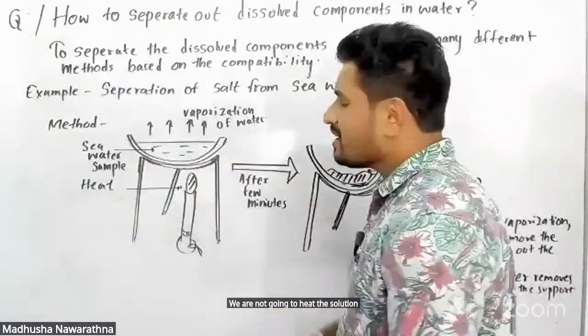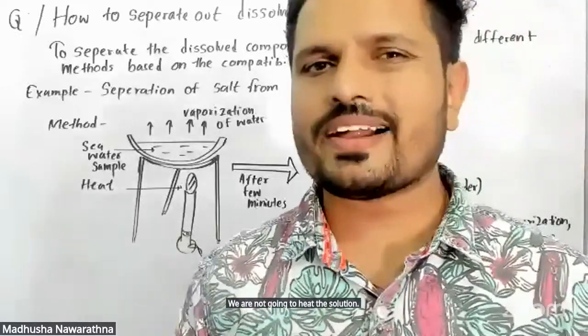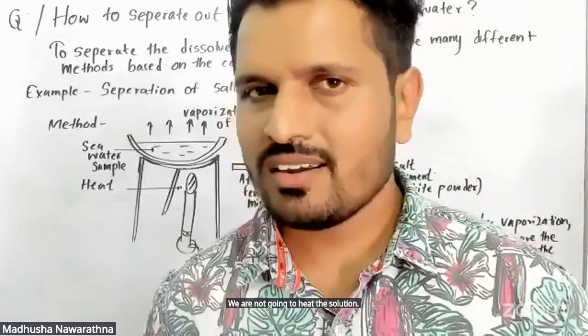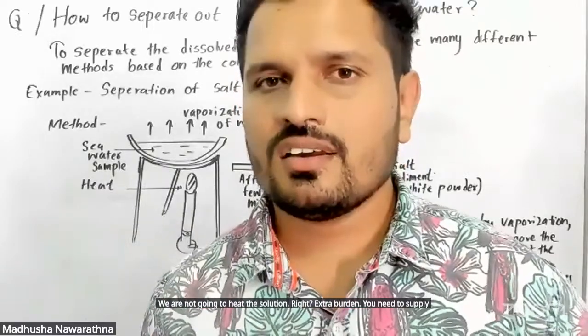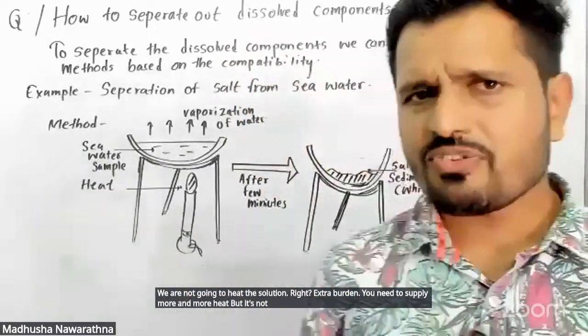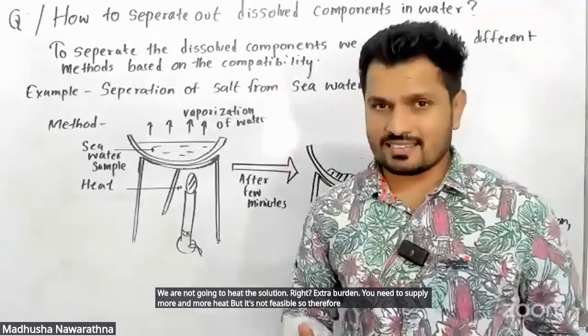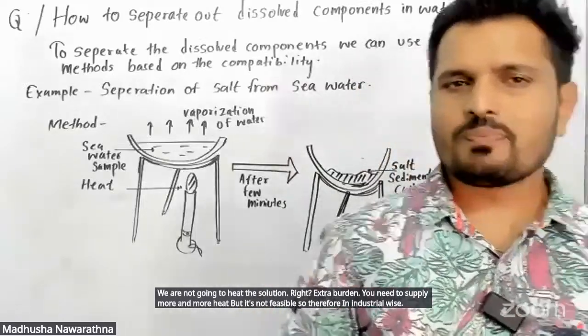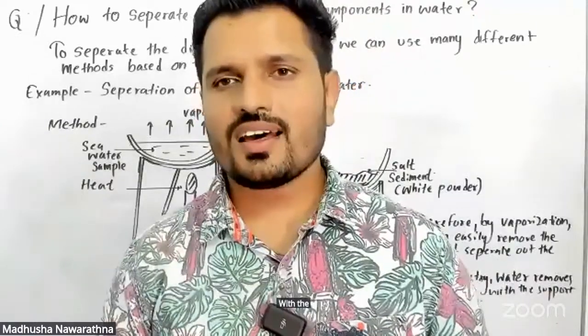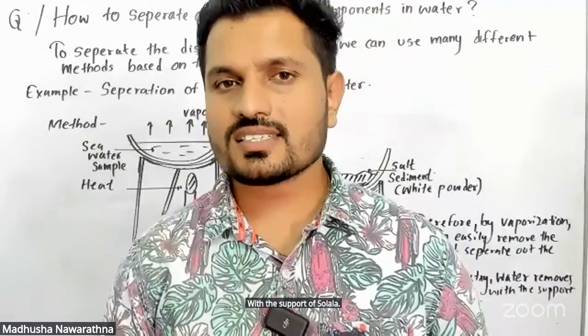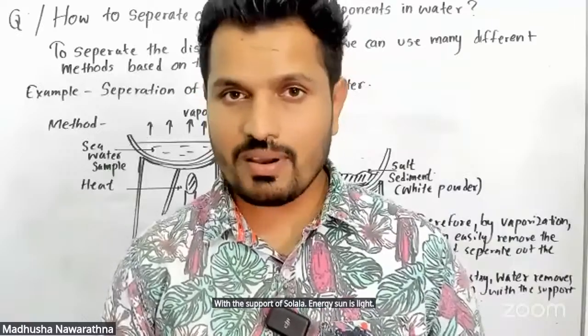If we made salt that way, one kilogram of salt would cost around 1000 rupees. You would need to supply more and more heat, so it's not feasible. Therefore, industrially, they just evaporate all the water content with the support of solar energy, the sun's light.